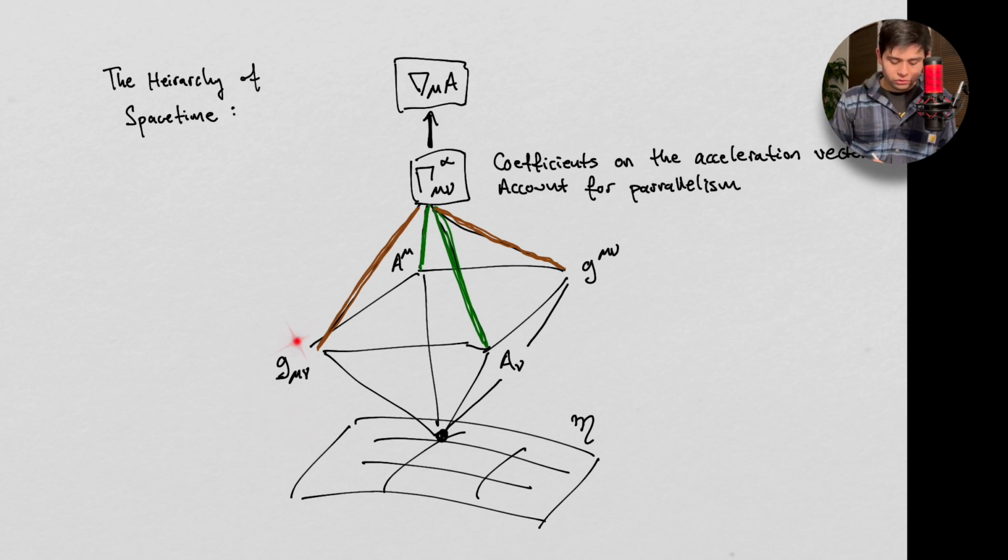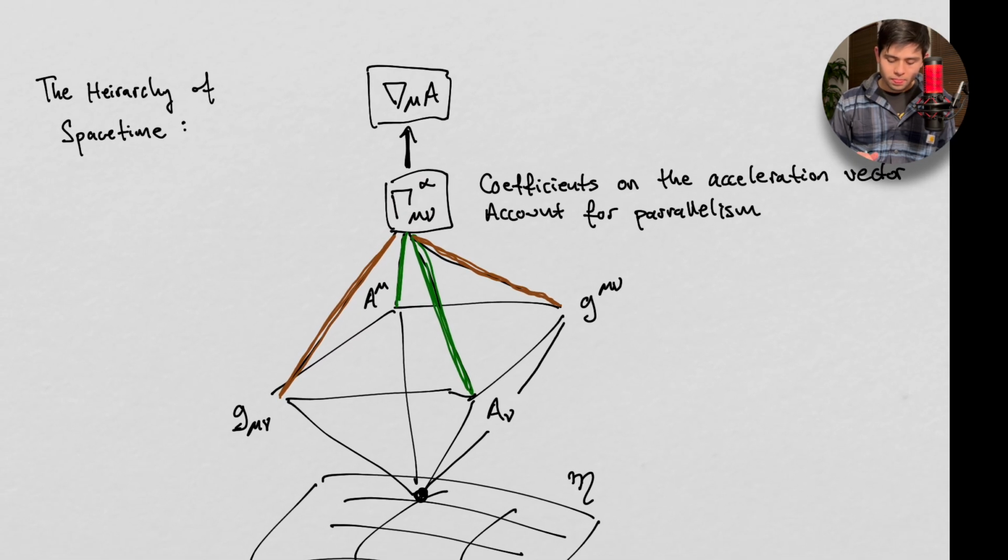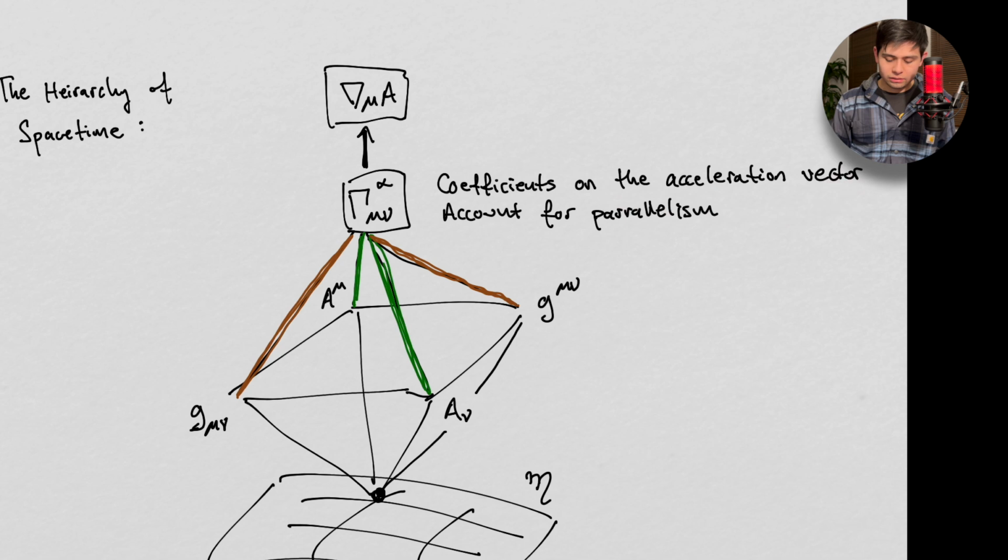We also have now the ability to say that if these things live in vector spaces, they can also live in metric spaces, and if they live in metric spaces, then we found out that there's a rank 2-0 or a rank 0-2 tensor that mimics those metric spaces. Okay, and those are these guys. We can use them to intrinsically define coefficients on the acceleration vector. And this also accounts for parallelism.